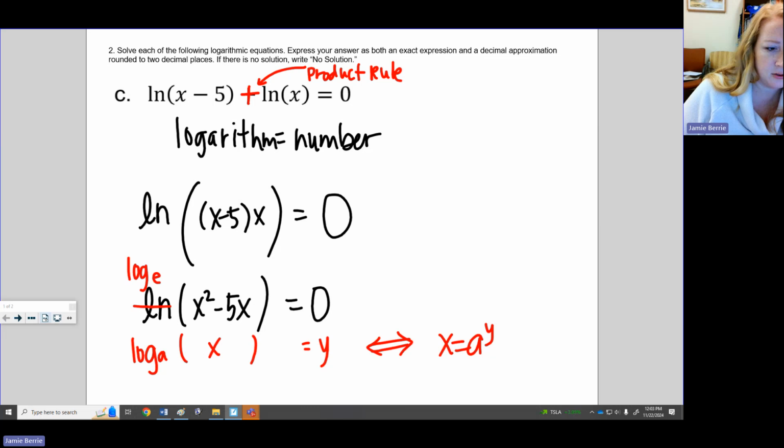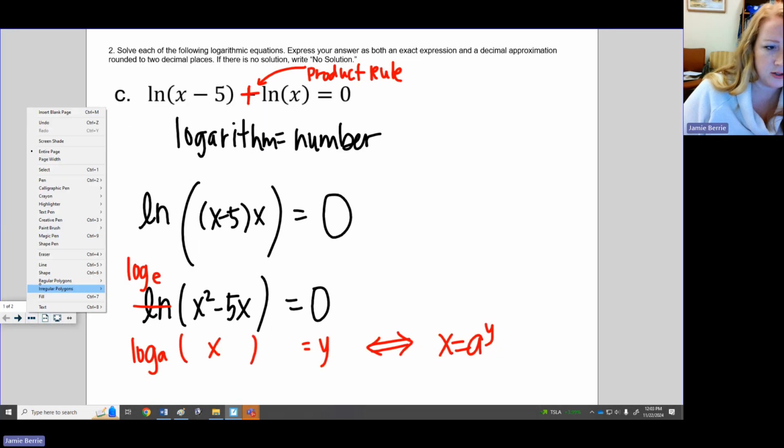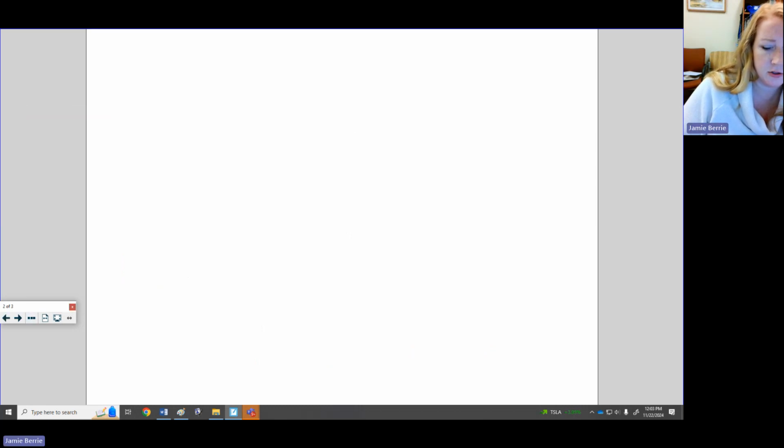Let's see. Trying to get some more room on the page. We might just have to insert a blank page.